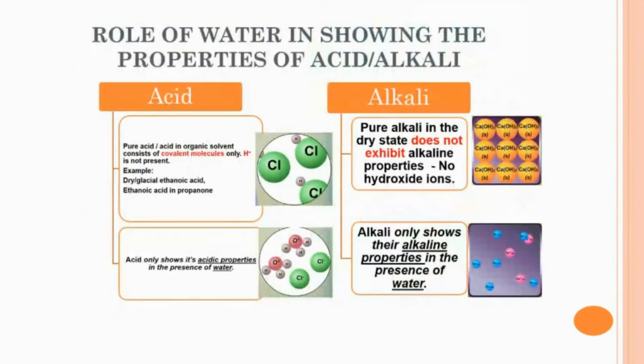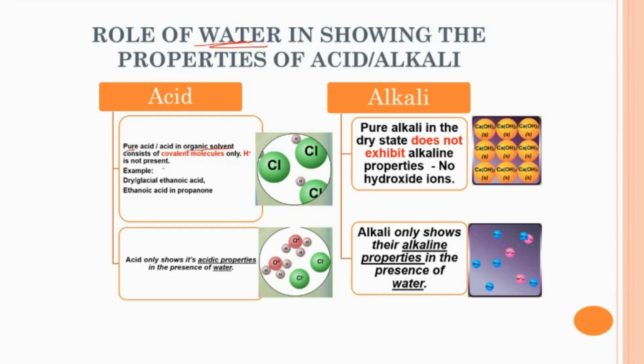Then in the acid, you have to remember one important concept here, which is the role of the water in showing the properties of acid or alkali. So acid or alkali cannot show the acidic properties in an organic solvent. Organic solvent or pure acid cannot.